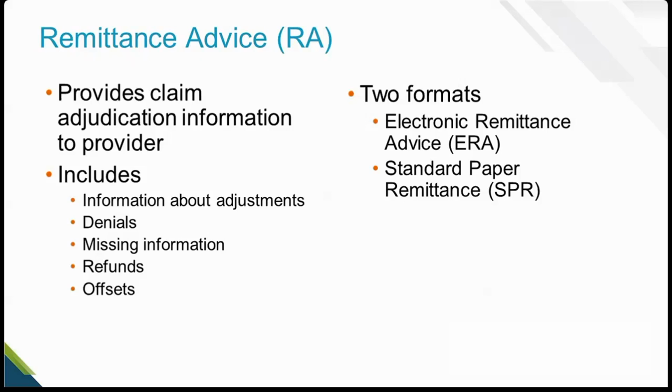Sometimes it provides notice even about refunds or offsets. The ERA provides payment information about the transfer of funds and payment processing from a health plan to a healthcare provider's bank, or the explanation of benefits or remittance advice. So a lot of information there that will be very important in order for you to understand how that claim was processed or why it denied or if it rejected.